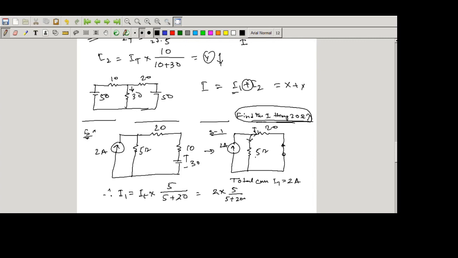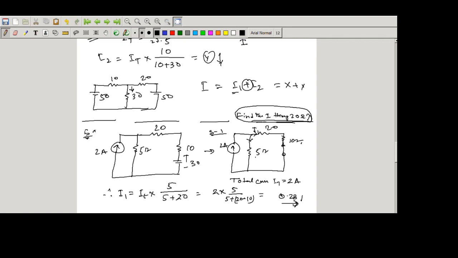Sorry, we are missing one resistance in this circuit, so we have to draw the resistance again. Suppose this is 10. So here 10 plus 20, we have to write again. So now what is the value? The value is 0.28 and the direction is this way.